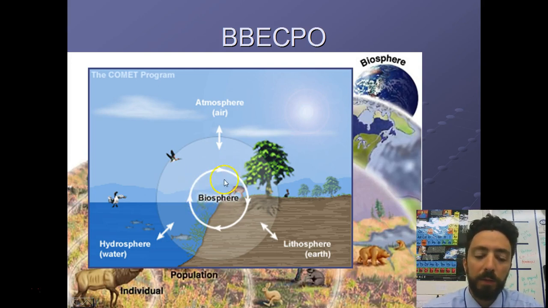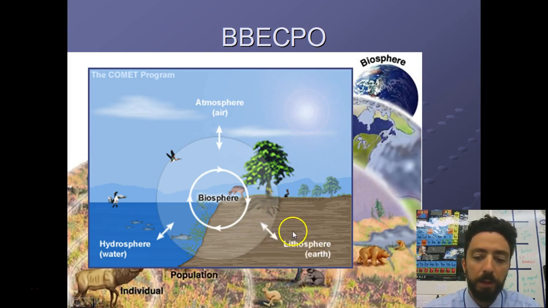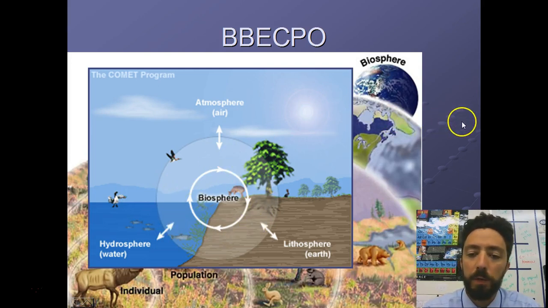So the biosphere would be all the living things in the atmosphere, like the birds, the bees, anything that's floating around in the air that's alive, the pollen from the trees or the flowers. The lithosphere, that's the rocks and the soil beneath us, the upper crust that everything lives on top of, and then the hydrosphere, that'd be like the water on Earth, in the oceans, in the rain, that kind of thing. But the biosphere is kind of overlapping all of them. It's kind of the living layer on the surface of the Earth.